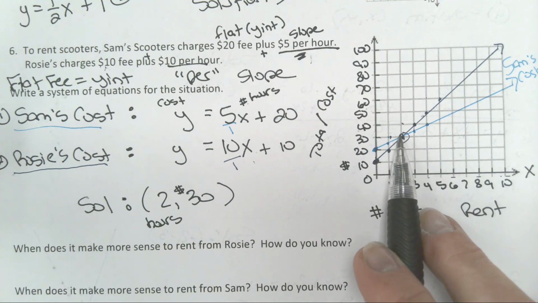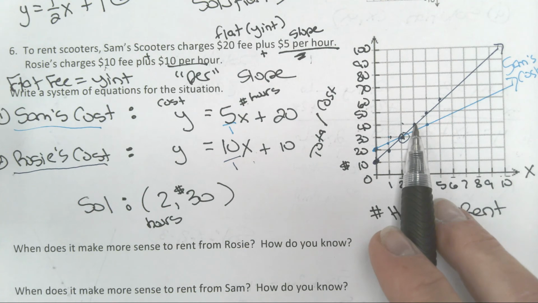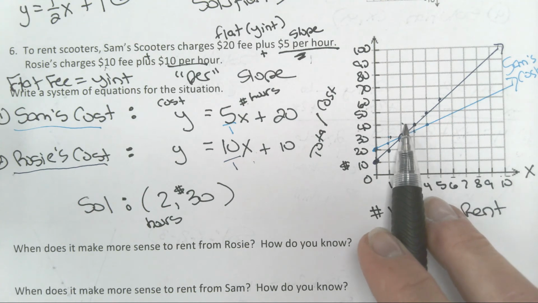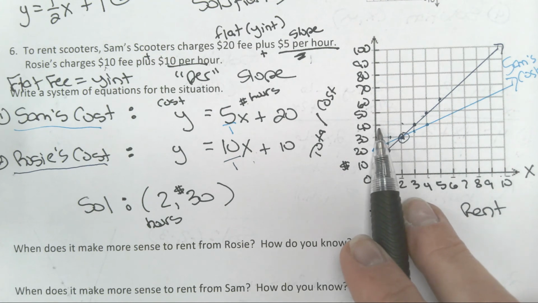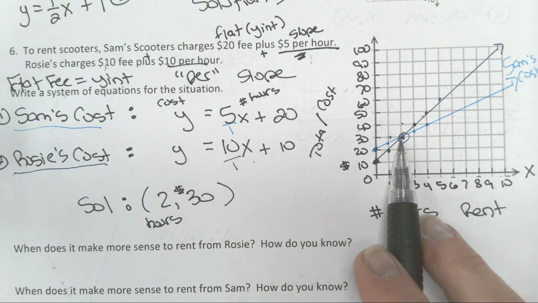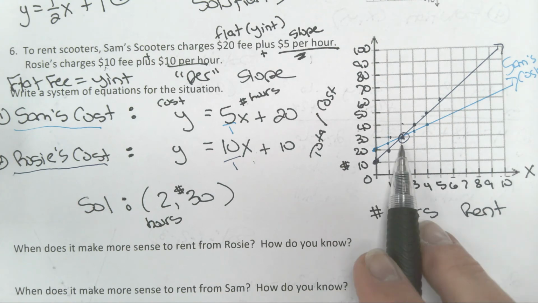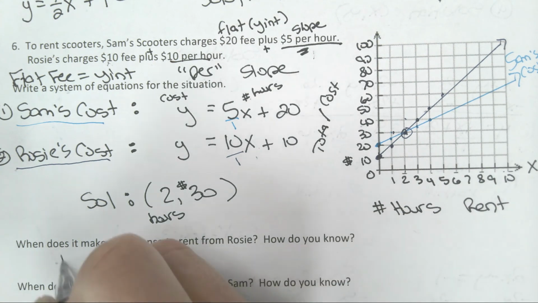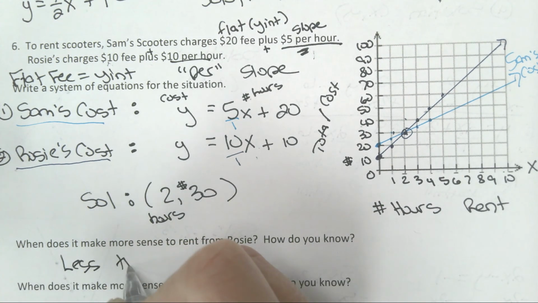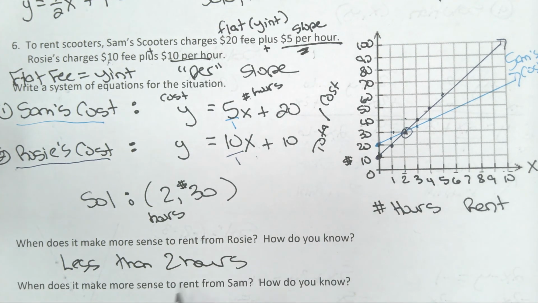At 2 hours, they were the same. At 3 hours, Rosie's this top line. So she's 40 now, but Sam is only 35. So it looks like under 2 hours, that's when I rent from Rosie. That's when her cost is less.